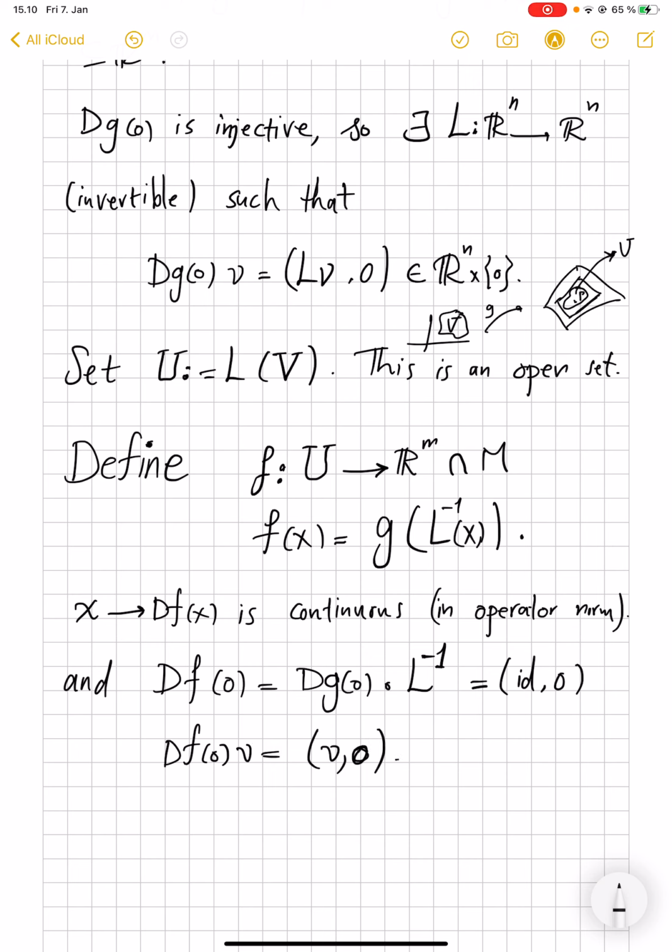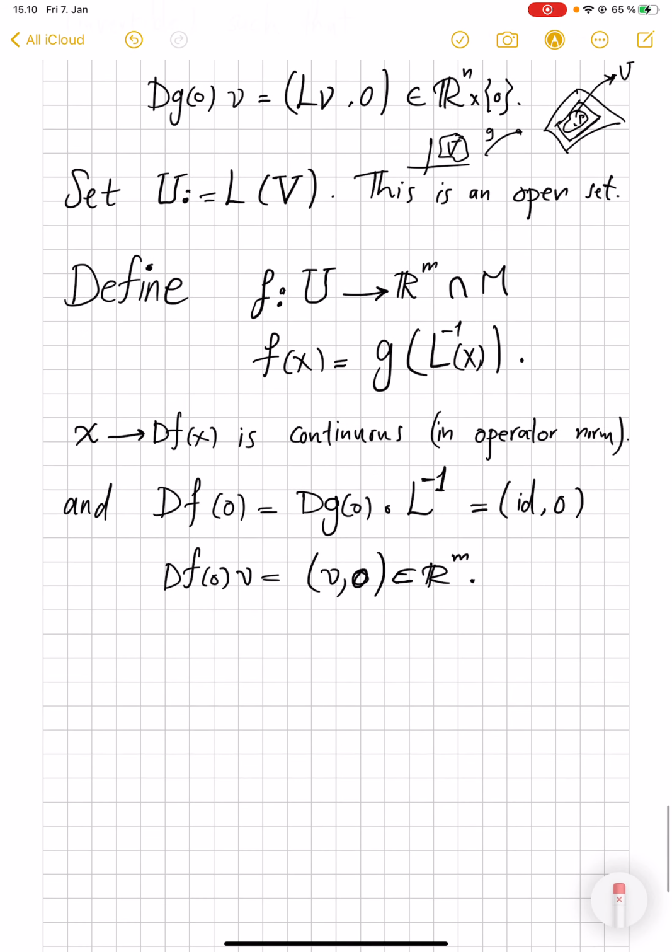So that this becomes in the tangent space to M. Again, this trick of making the second coordinate 0 has allowed us to basically talk about Rn to Rn. Okay, the derivative of f at 0 is the identity map, effectively, and the function x going to dfx is continuous in the operator norm.